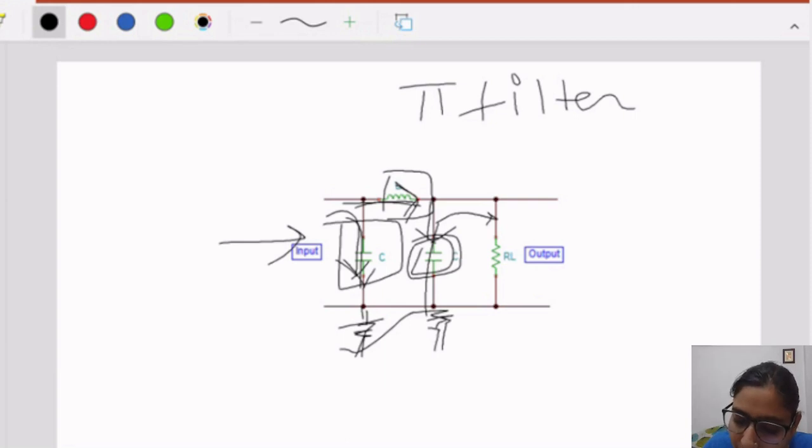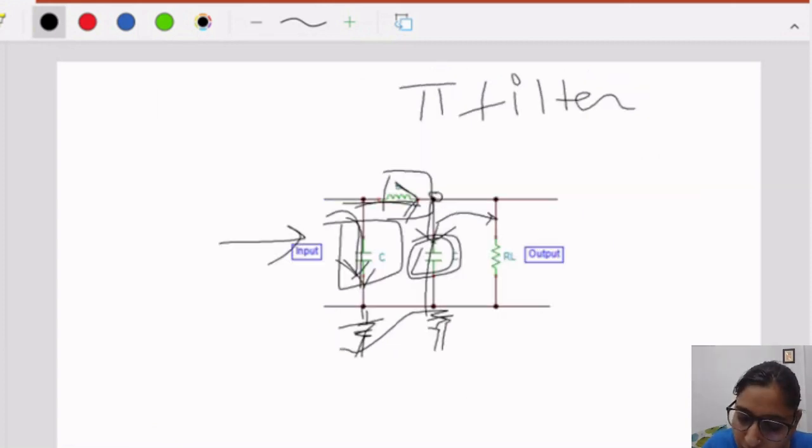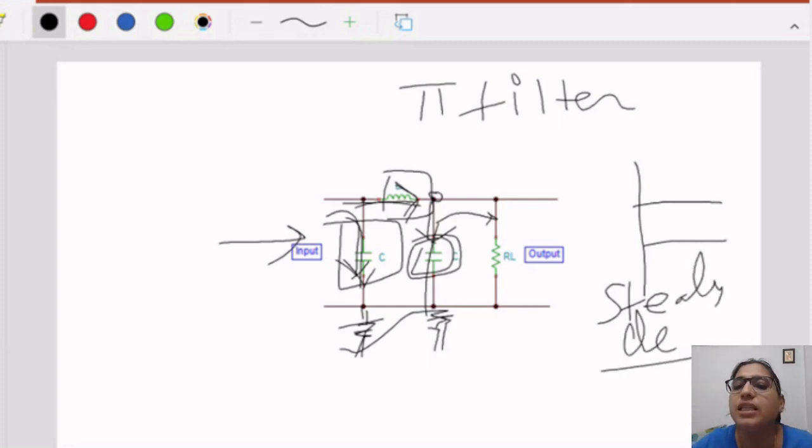So whatever the voltage is at this node is directly transferred to the load resistor RL. So we get very profound DC here, which we consider as steady state DC. Okay, steady DC. Now in this case, the filtration is even more than in the RC and even more than the LC filter.